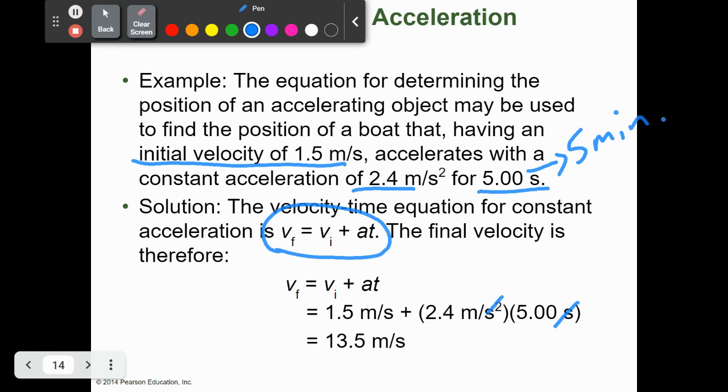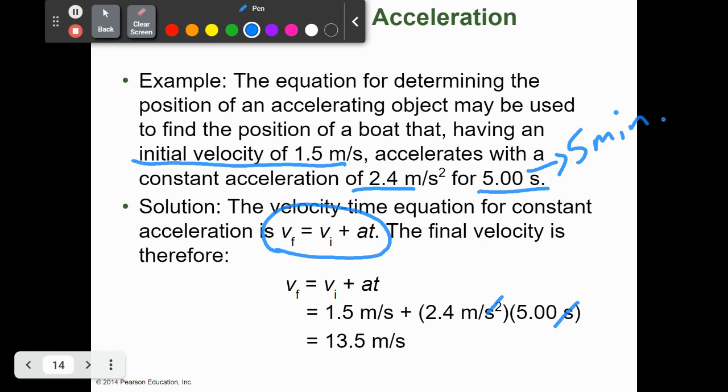Yes? Okay, so in this question, what's the wording that indicates that I need to find the final velocity? Because it says determining the position of someone may be used to find the position of the boat. Yeah, that's poor wording. Normally it'll tell you.